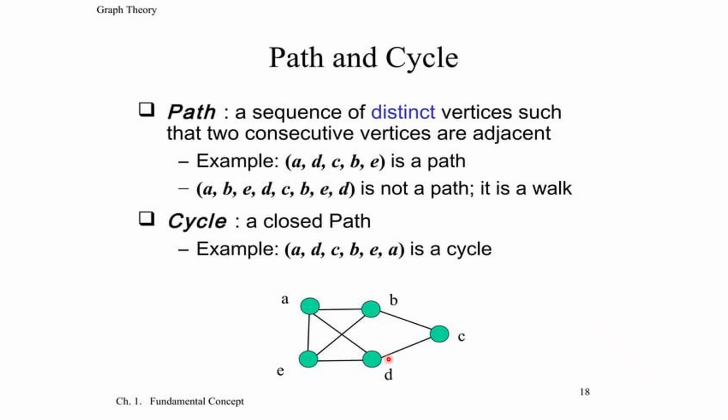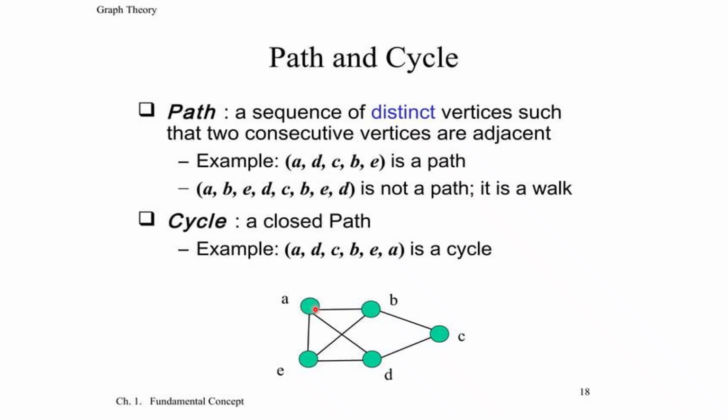The definition of a cycle is a closed path. Closed means the starting vertex and ending vertex are the same. Consider the example. The starting vertex is A and the ending vertex is A. In this path, the terminal vertices are the same, so this type of path is called a cycle.